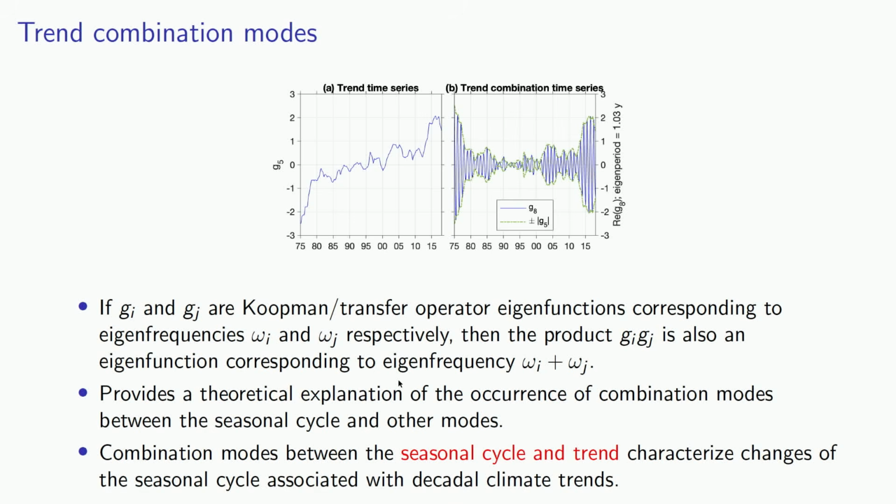And in the frequency domain, they have a frequency that basically corresponds to sums of the underlying frequencies. In this case, because the frequency of this trend mode is numerically 0, the frequency doesn't really change. But for example, you could have combination modes between ENSO and the seasonal cycle where the frequency changes.